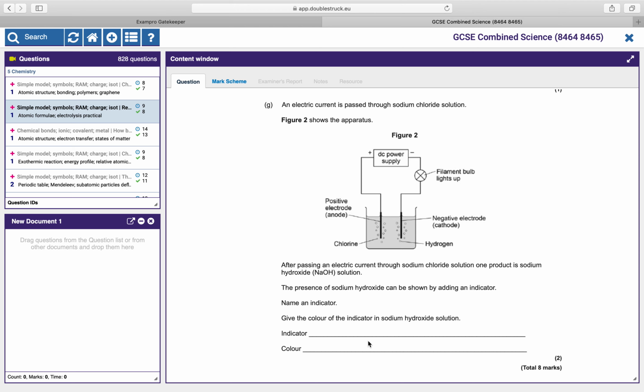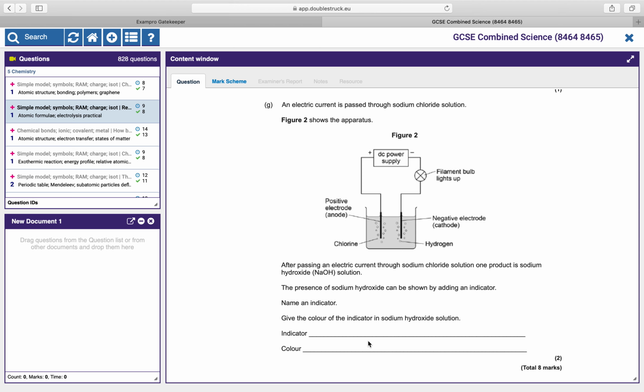Now, there are a variety of indicators you can actually use, but the easiest indicator to use, the one that you learn from year 7, is universal indicator. Put down universal indicator. Don't be lazy and just put down universal. Put down universal indicator, and that's 1 mark straight away.